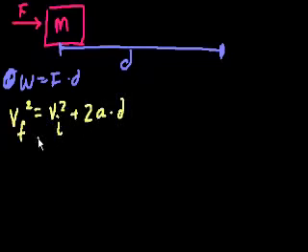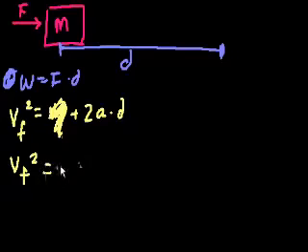We proved this back then, so I won't redo it now. In this situation, what's the initial velocity? Well, the initial velocity was 0, right? So the equation becomes vf squared is equal to 2 times the acceleration times the distance.